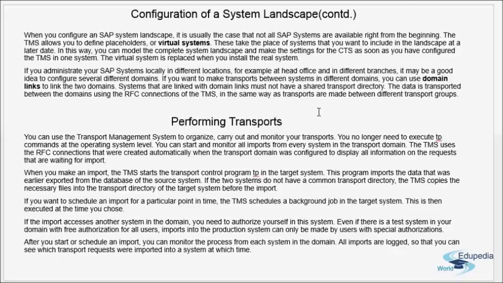Okay, so what we do is don't club all the systems in one domain. You can create different domains, and you can link these domains using domain links, but you must ensure that when two domains are linked, they shouldn't share a common transport group. Every domain must have its own.